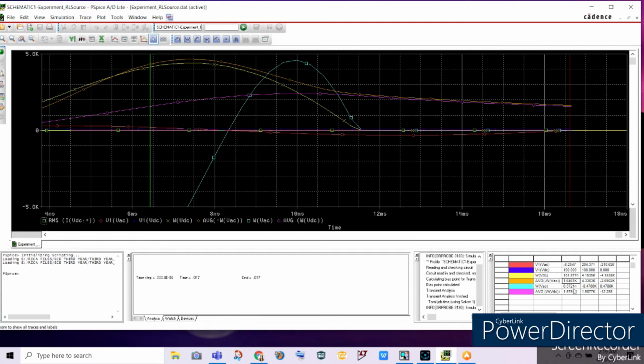Both are different with a minimal percentage difference because notably in a circuit, there will be a possible loss. Okay, there will be a possible loss across the diode, across the inductor, which explains the minimal difference of the average power of our AC voltage source and our DC voltage source. So if the circuit is ideal, then it will be equal, okay? But again, there is no perfect circuit and there will always be a possible loss across our components.